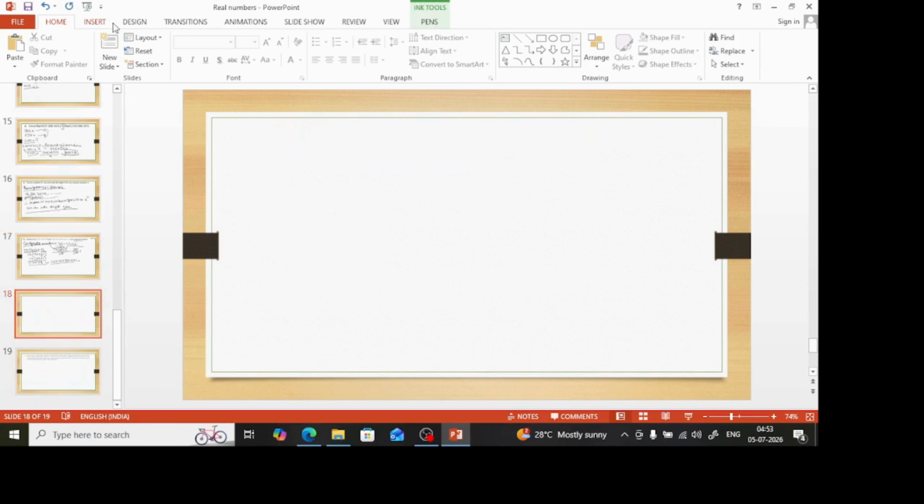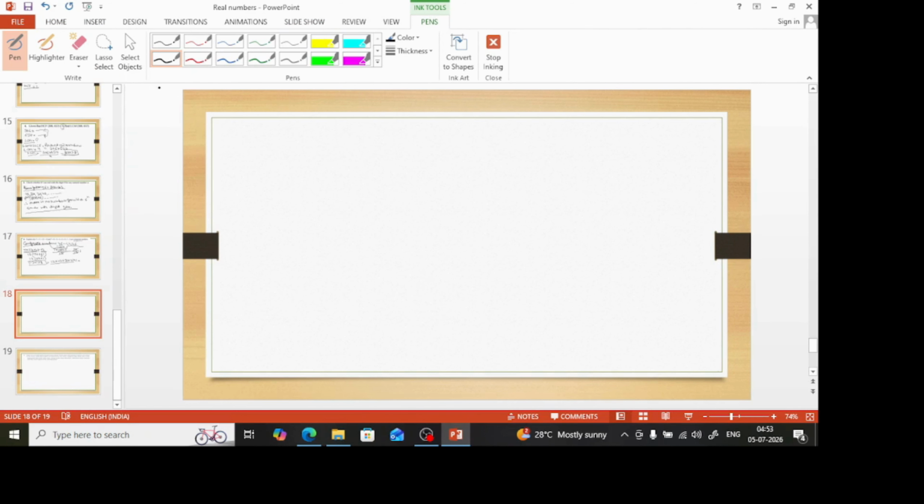Now our second part is 7 into 6 into 5 into 4 into 3 into 2 into 1 plus 5.